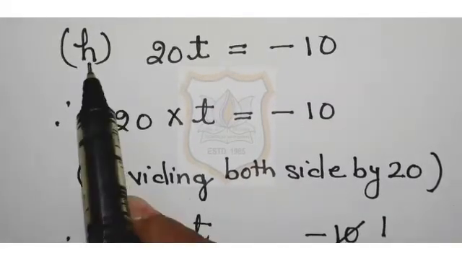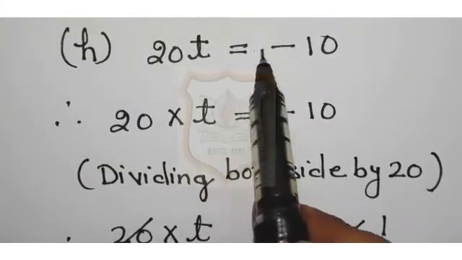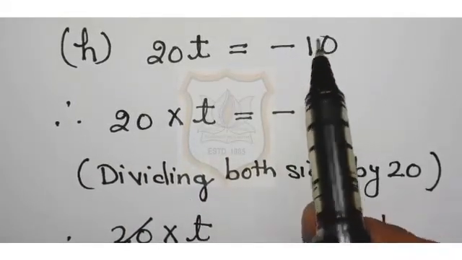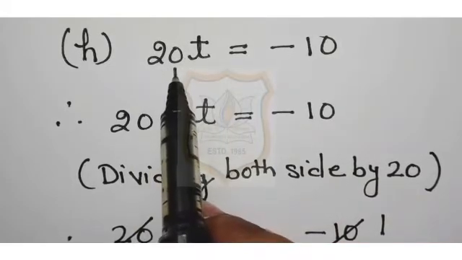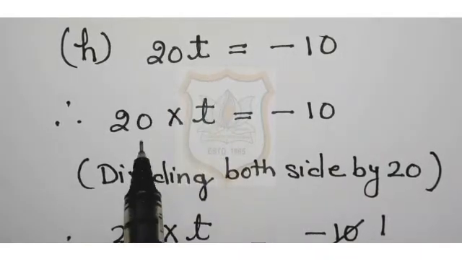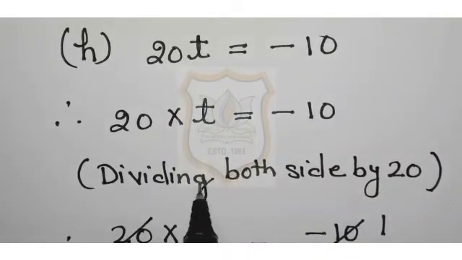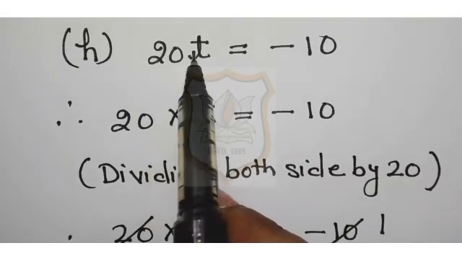Let us solve H part of question number 2, and that is 20t is equal to minus 10. Now we have to remove this 20 from the LHS and isolate this t. To isolate this t, we have to divide both sides by 20 because it is in multiplication form, 20 into t.